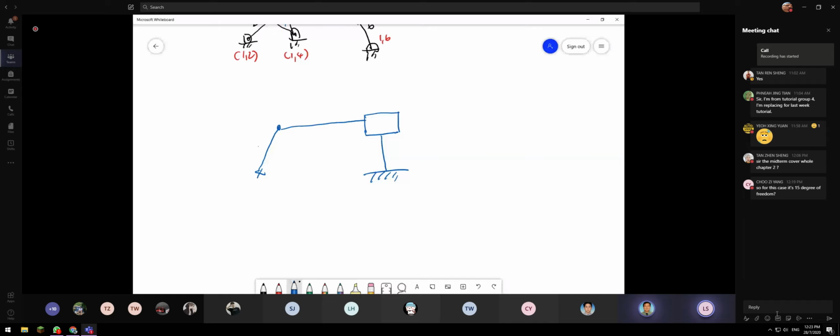So this is R2, isn't it? Let me redraw. The ground R2 is longer. At the slider there, so the ground. Okay, yeah, R2 is on the slider.